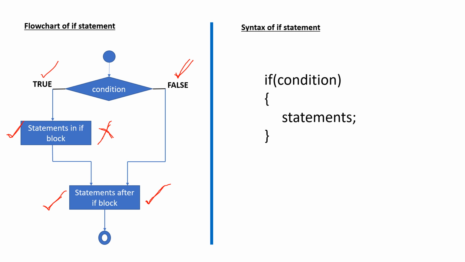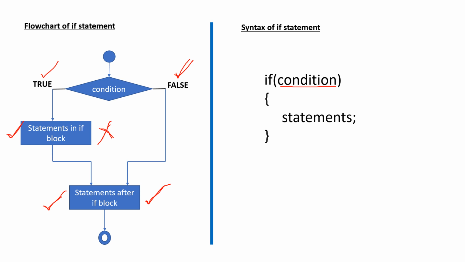Now we see the same thing considering the syntax. This is the syntax of the if statement: if condition, then statements. Now we compare the execution flow of the if statement with the flowchart. Here we have a condition.